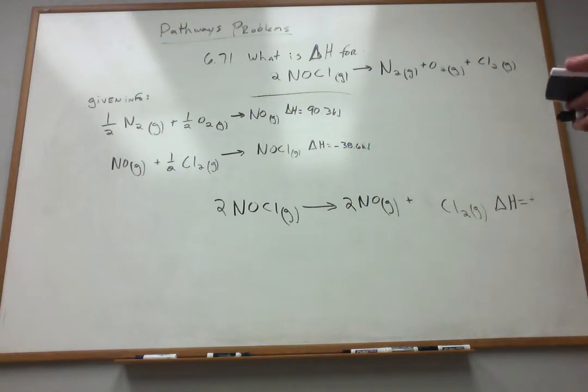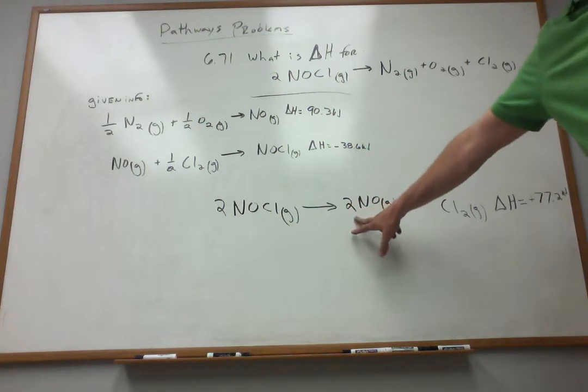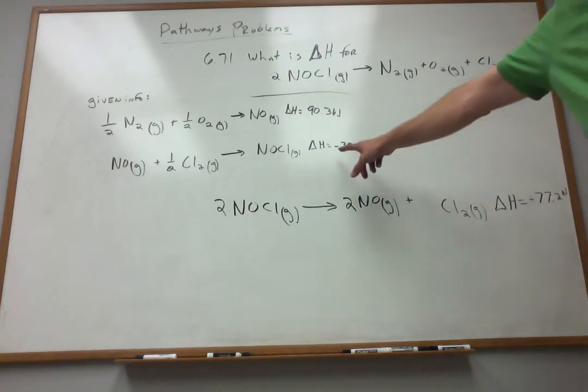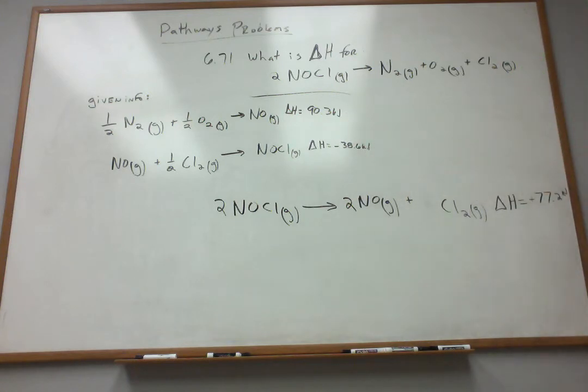So I need to take my 38.6 kilojoules and I need to double it, or multiply by 2, which is going to yield 77.2 kilojoules, okay? 77.2 kilojoules positive. So I doubled it because I multiplied everything by this factor of 2. I reversed the sign and made it positive because I flip-flopped the reactants and products.